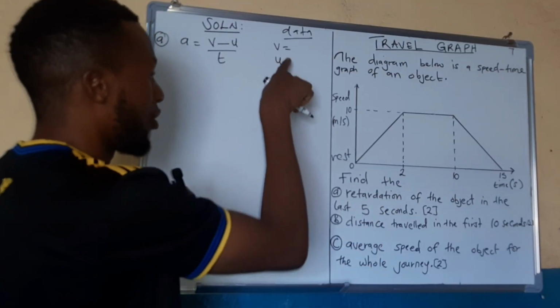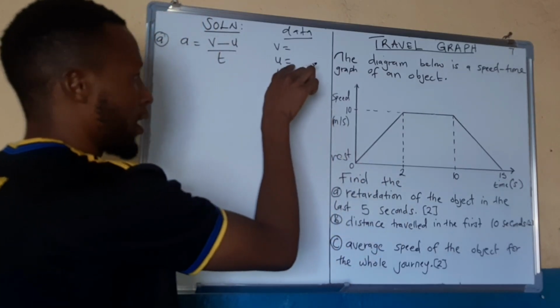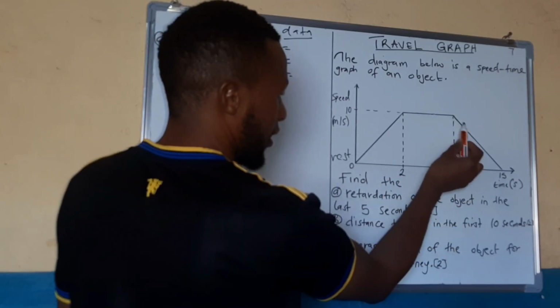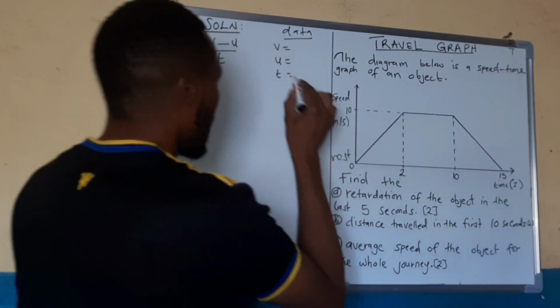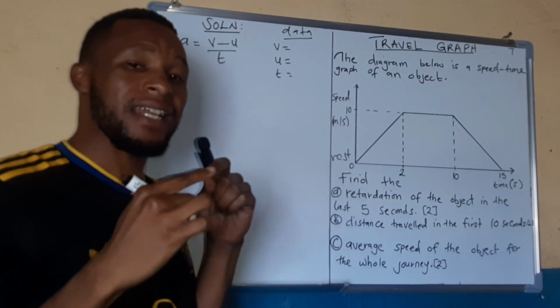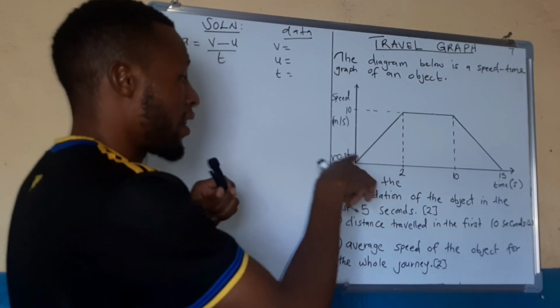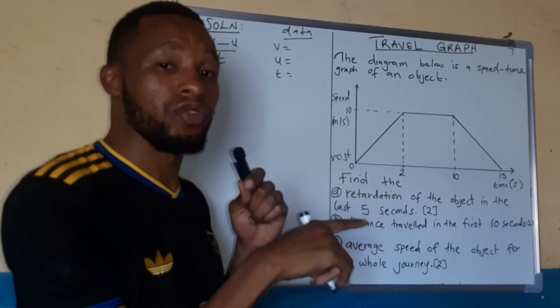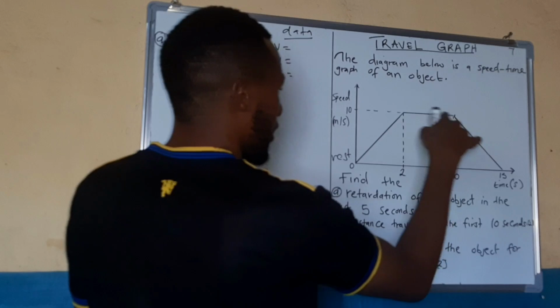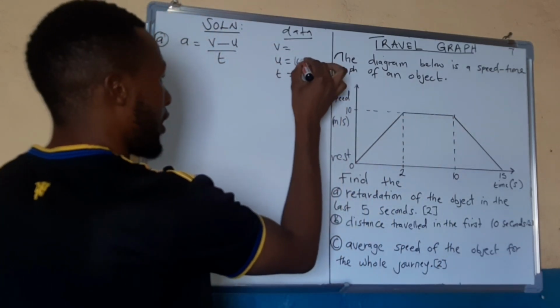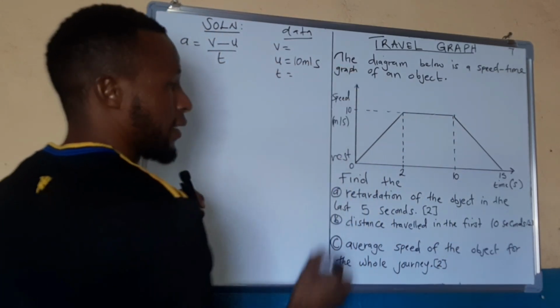This is the last part, where you find the retardation. Initial means the starting speed before this object began to reduce in speed. In this case, it was 10. So initial is 10 meters per second.